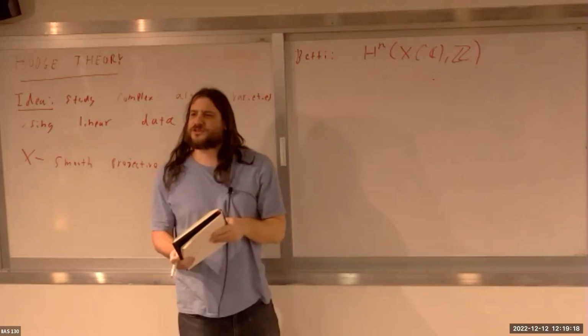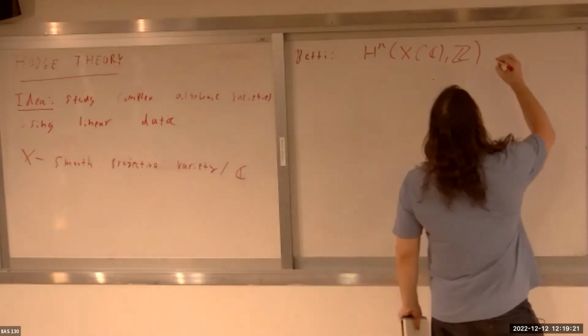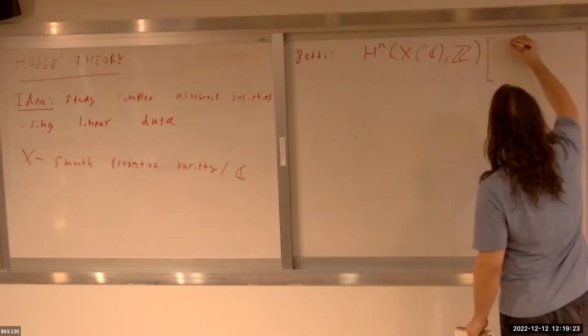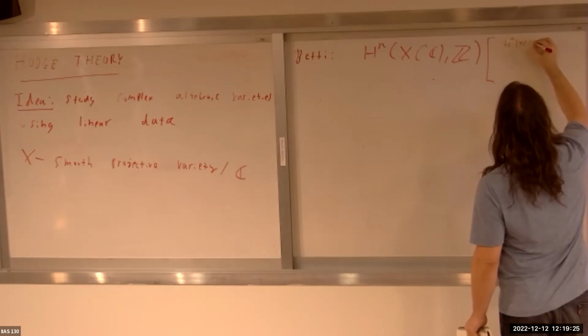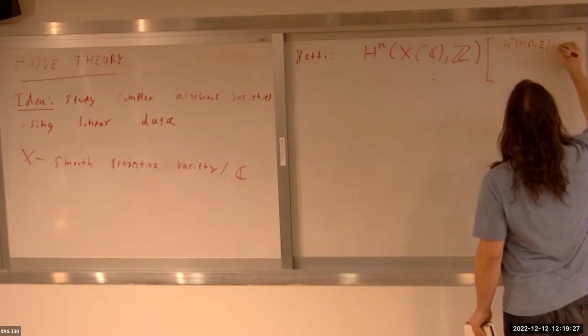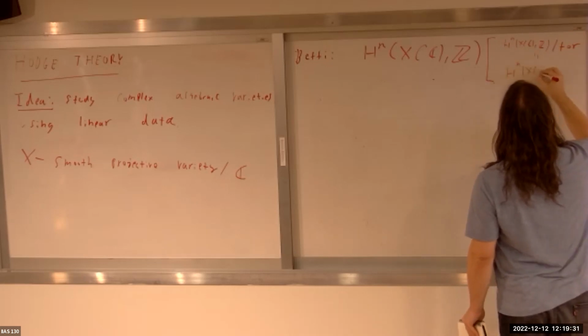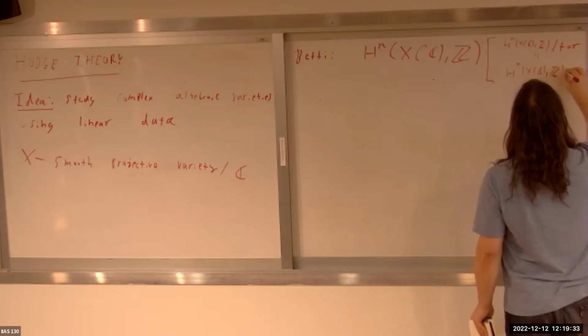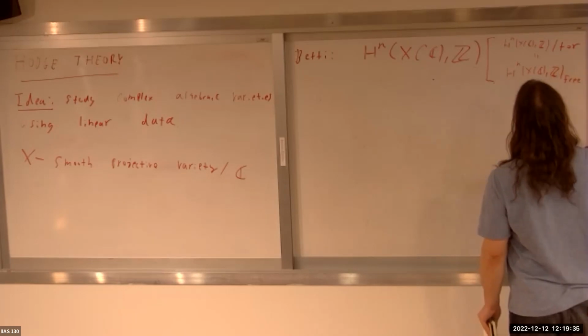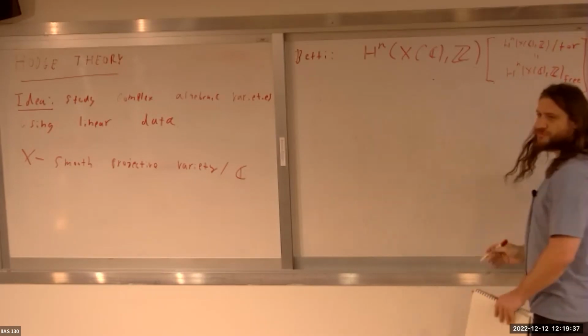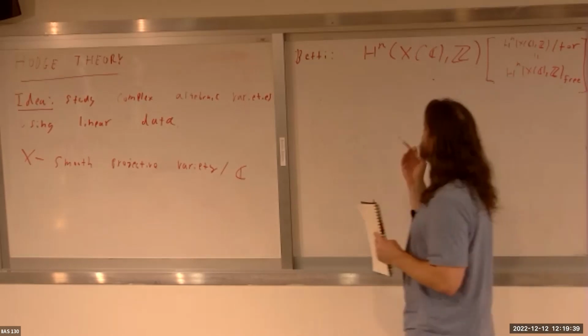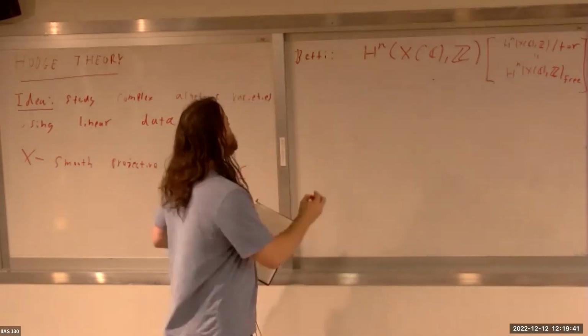We're almost always going to ignore that, so we're going to look at this group mod torsion, the free part of the group. So we get some lattice.